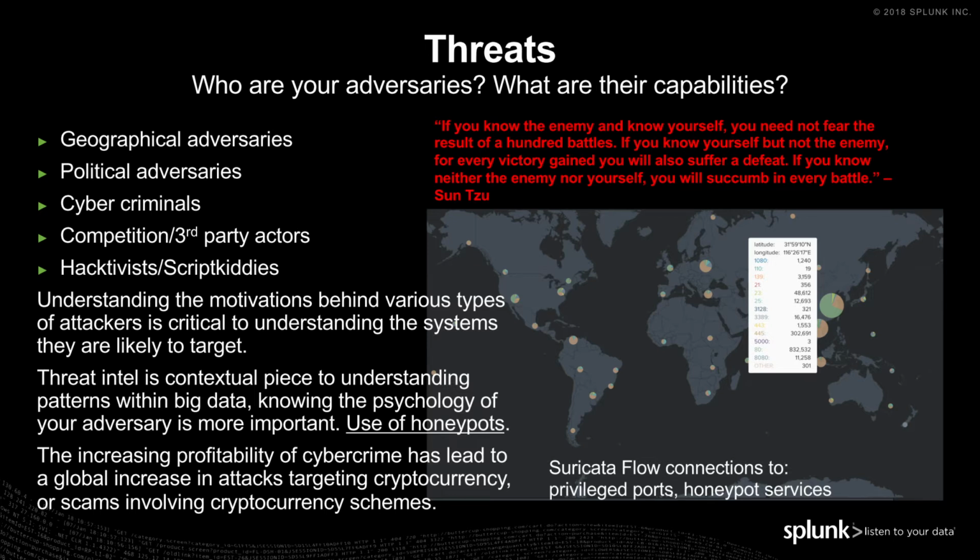If you're working for a government agency or a bank, these could be geopolitical, they could be cyber criminals, they could be competition, right, or third-party contractors who have an interest in seeing your enterprise fail, or taking important information from your enterprise to profit from. Or they could just be doing it for the lulz, right? Script kiddies and hacktivists who want to deface your websites and have a little bit of fun at your expense.